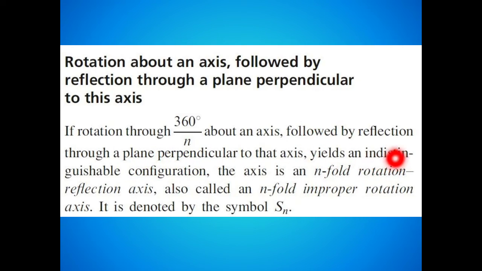Because first we did rotation and then we do reflection. It is also called an improper rotation axis because it is not a complete axis of rotation. First we did rotation and then reflection, and it is denoted by Sn, where n stands for the 360 by n that we saw in the normal axis of symmetry, that is Cn.